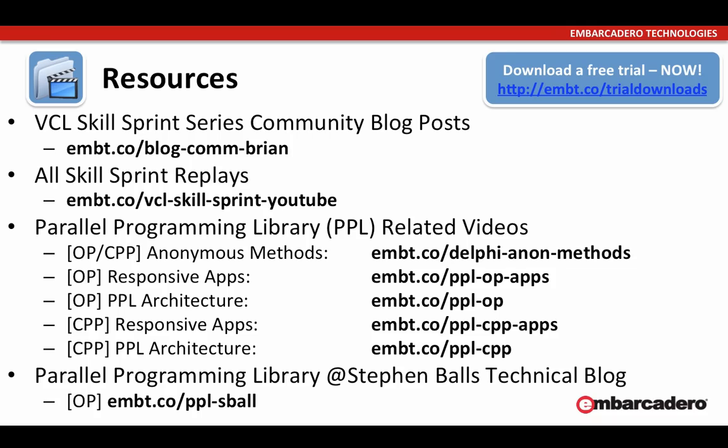Great. Our next question is, can we use the TList on the parallel loop? Again, as I said, you can use just about any type or any storage or any structure that you want.